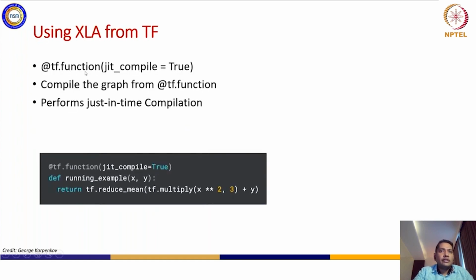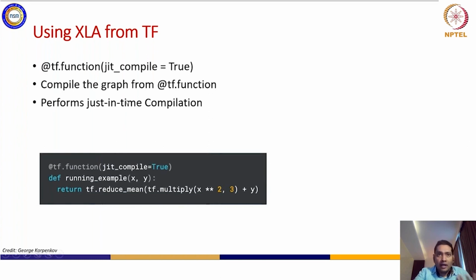So as I was mentioning, tf.function is essentially serializing the computational graph for your TensorFlow model, or any TensorFlow code for that matter. And if you set jit_compile to true, that means you are enabling the XLA compiler.